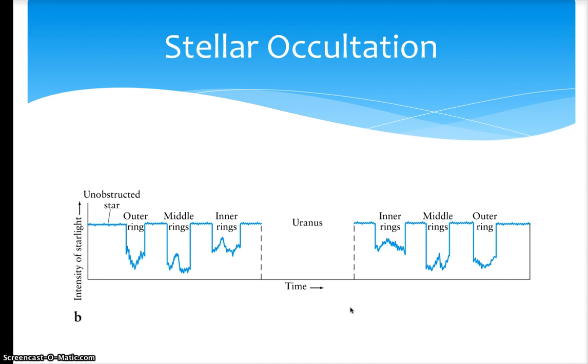Basically the conclusion was that these dips were caused by the rings around the planet, which were actually blocking the starlight from our view. And that's how we found the ring system of Uranus, which actually led to the conclusion and verification that all the Jovian planets did have ring systems.